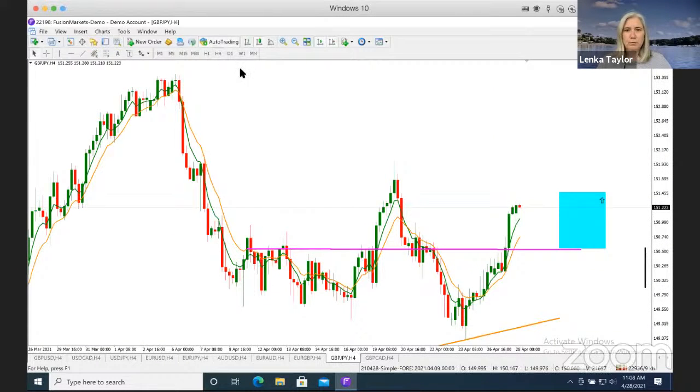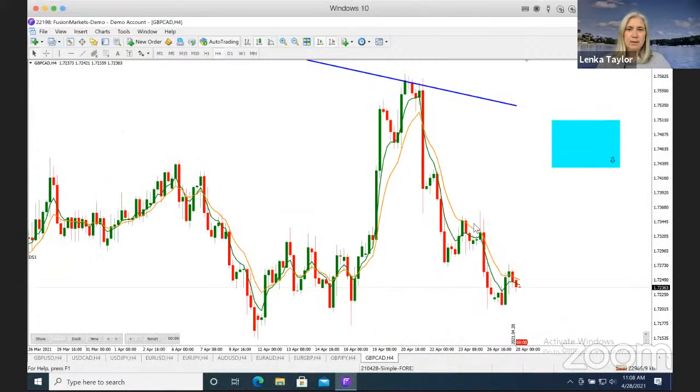So in terms of the 4-hourly setup, I'm looking for the price to possibly go further up, but then come down to this trend line. If that would happen, then I'm looking for a long position at that time. So I'm looking for a retracement to that line.